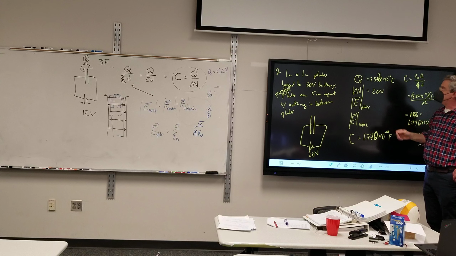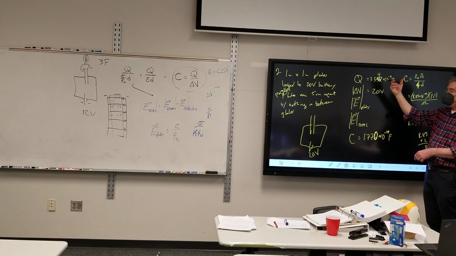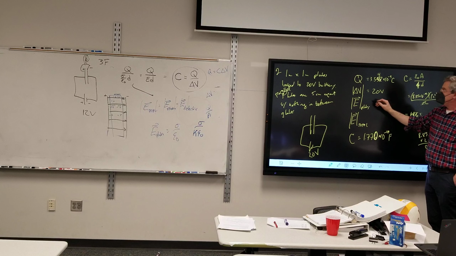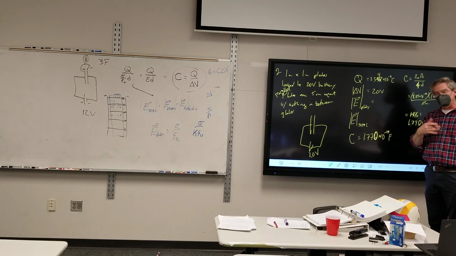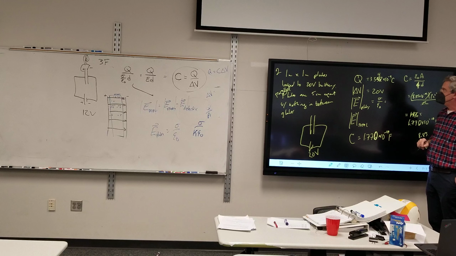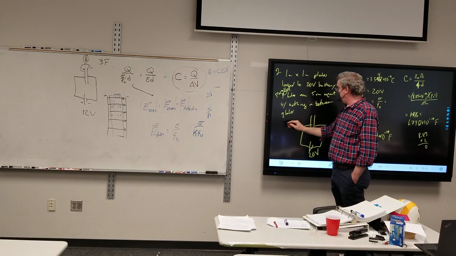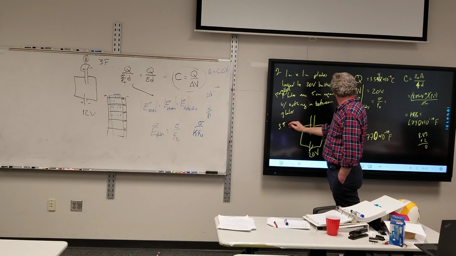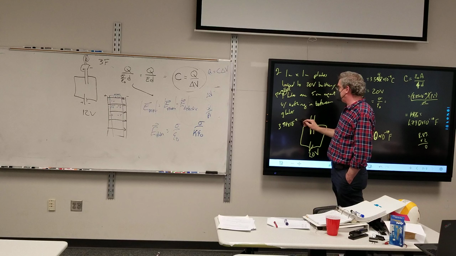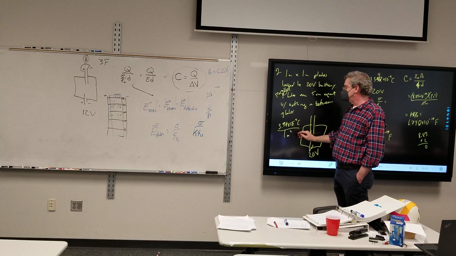Now, I have this charge built up on the plates. I've got the positive value on the positive plate, and a negative in front of it on the negative plate. The electric field coming from the plates is sigma over epsilon naught. Well, sigma is just charge divided by area. I know my charge now, 3.54 times 10 to the negative 9th coulombs, divided by my area, which is 1 square meter.